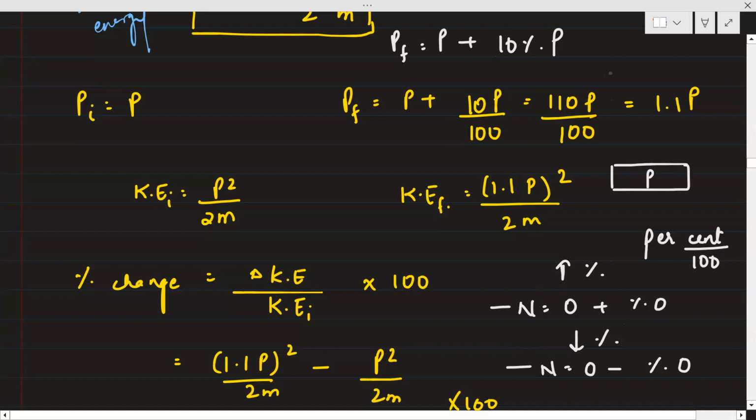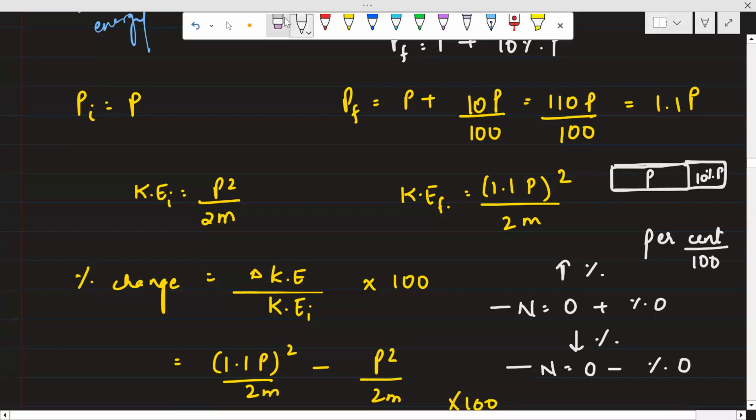You are just adding this extra 10% of P and then calculating the total quantity. So just remember original plus percentage of original. So P plus 10% of P. 10% is written as 10 by 100. So then we solved it for you.